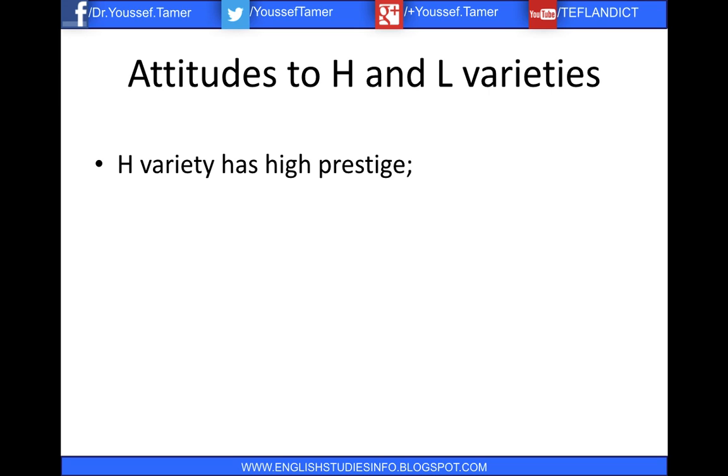So the H variety has high prestige. If you look at Standard Arabic, we do consider it a prestigious language. It has more prestige than Moroccan Arabic, yes or no?